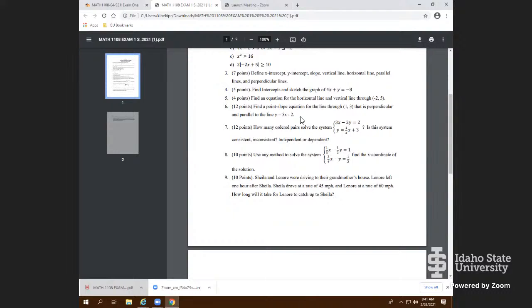Negative 1/5. Okay? Then you have the point there, and you create another point, x and y, and form an equation. So change in y over change in x equals negative 1/5, and you get the equation of the perpendicular.